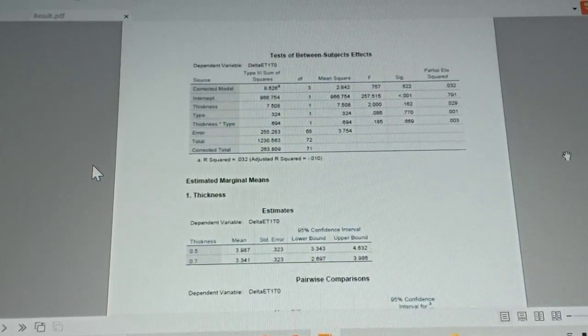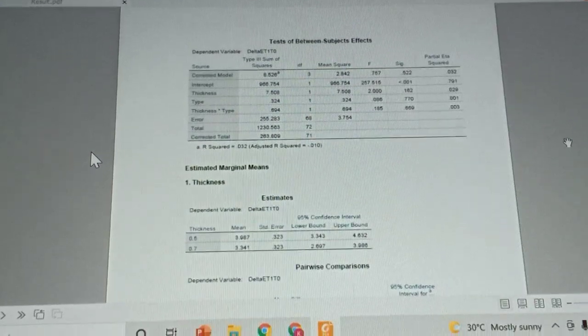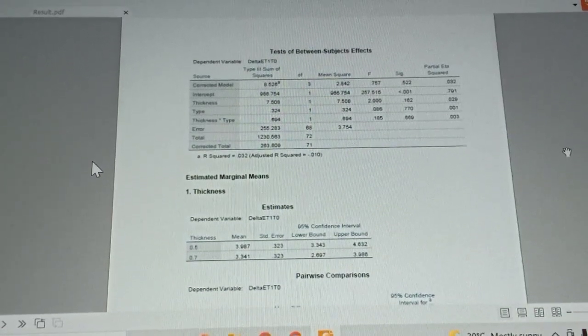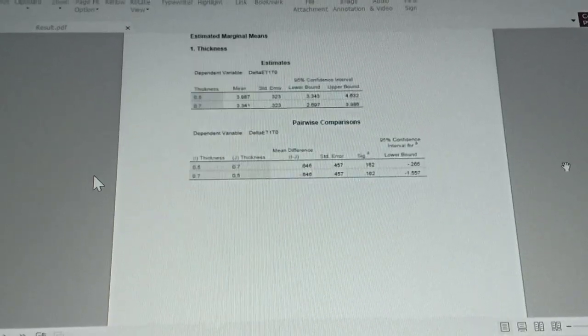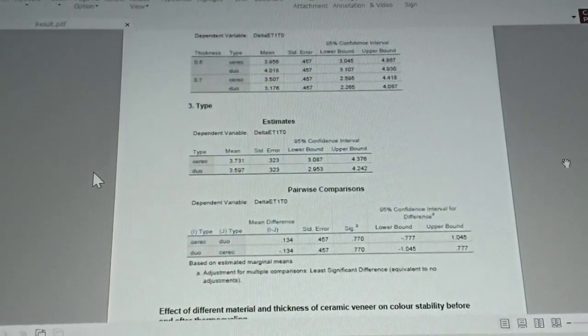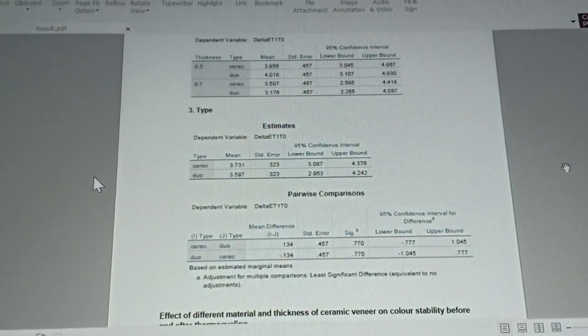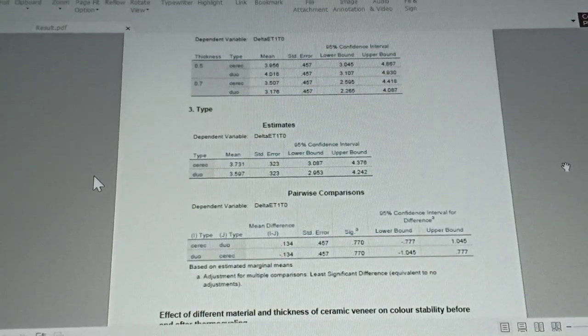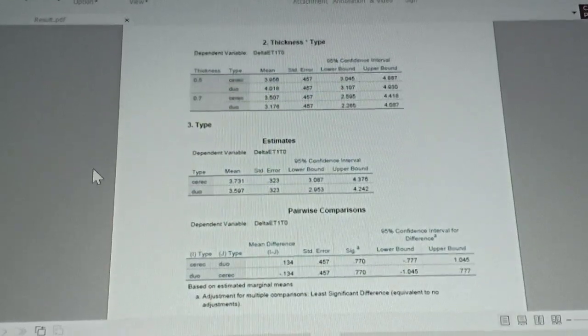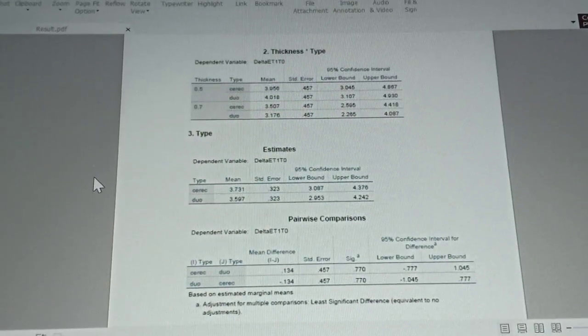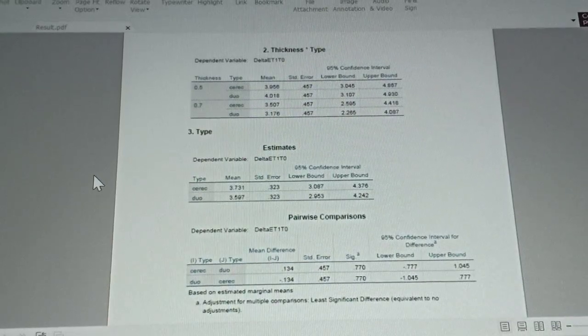All right, but I want to ask you something about the interpretation of data. Can you go down a little bit more? Here, the first table showing the thickness of 0.5 and 0.7.